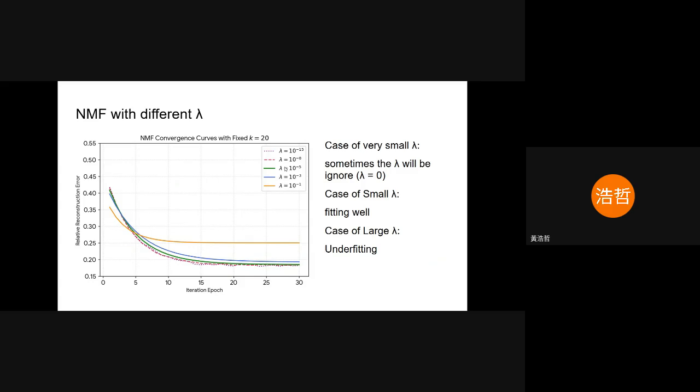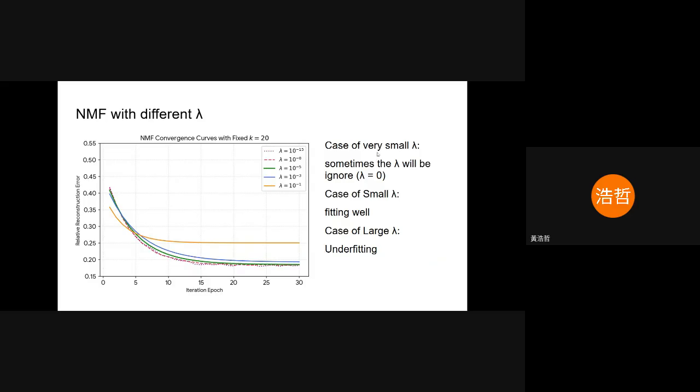Lambda equal to 10 to the power of minus 5 is quite good here. When lambda is small enough, the relative error will be low.